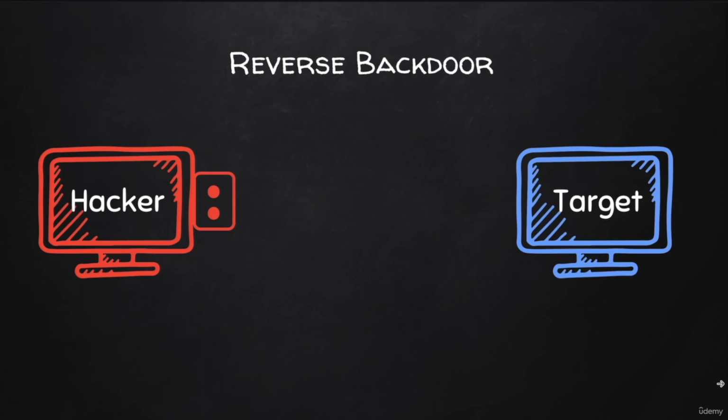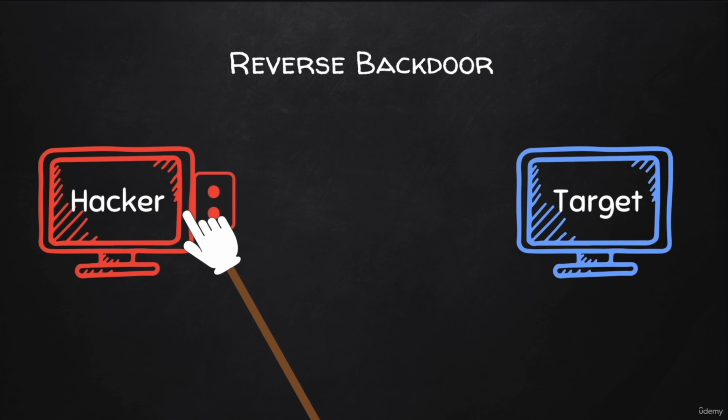Now that we created a backdoor that when executed on a target computer, it will send a reverse connection to our computer. Before we go ahead and execute it, we need to listen for incoming connections.